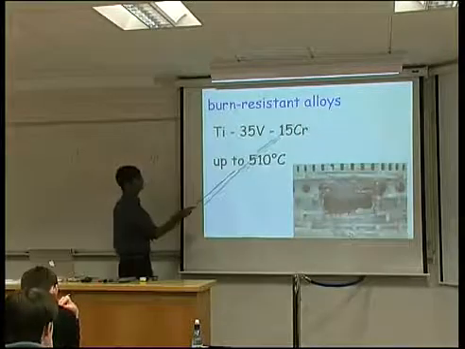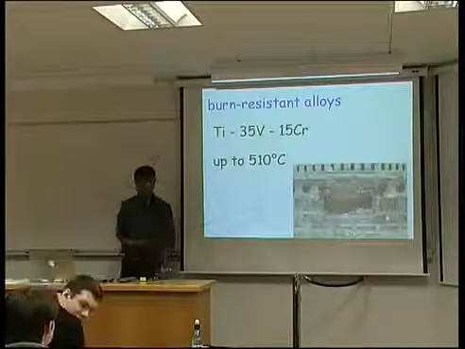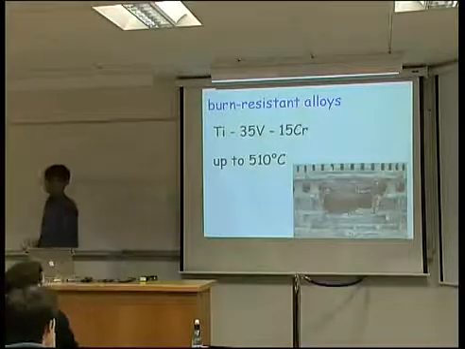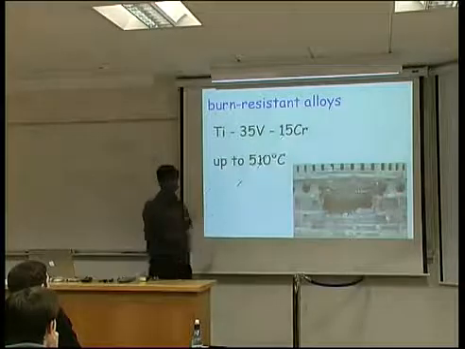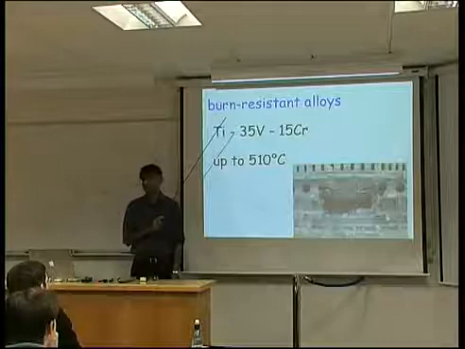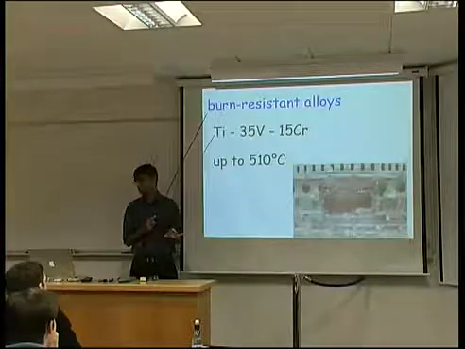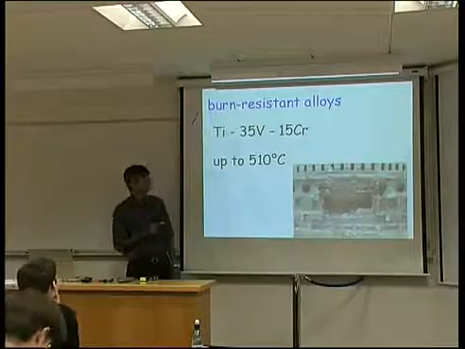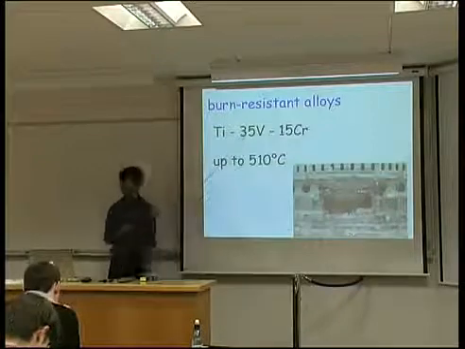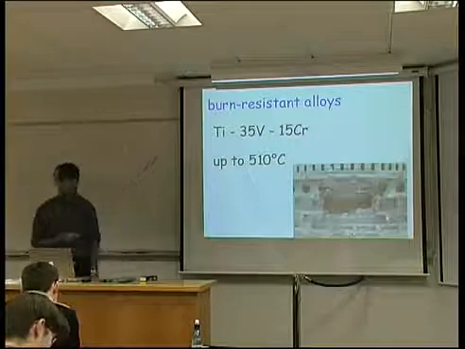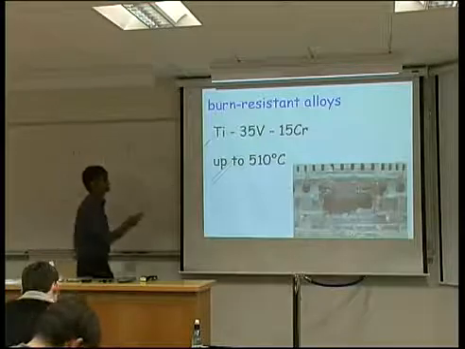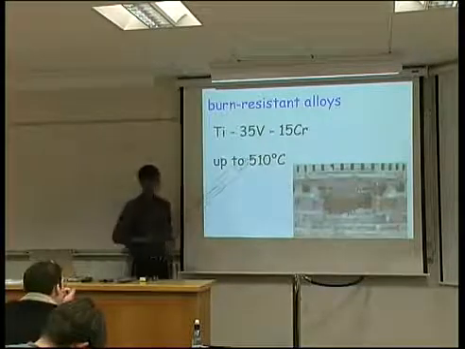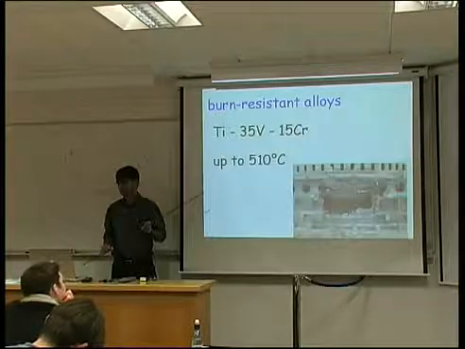Okay, so here is a very large chromium addition, and we don't understand why, but just a binary titanium chromium alloy doesn't work in forming this oxide film. Okay? We need to add this large quantity of vanadium as well. Okay, so don't ask me why, but that's how it works. And alloys of this kind can be used up to 500 degrees centigrade.